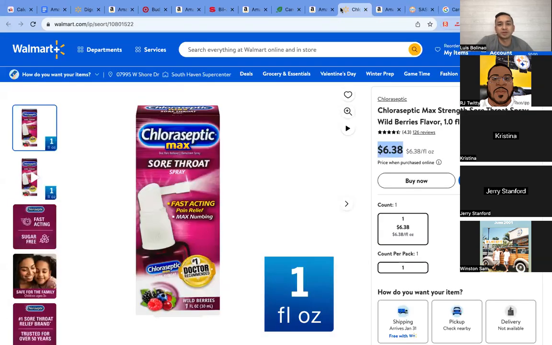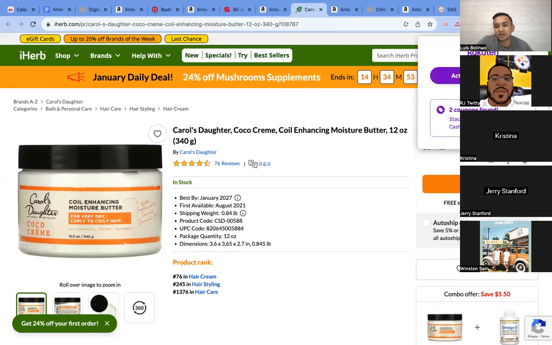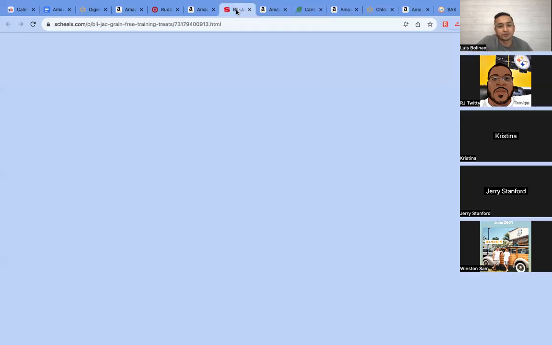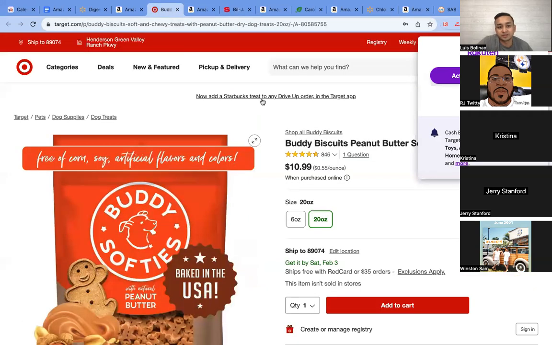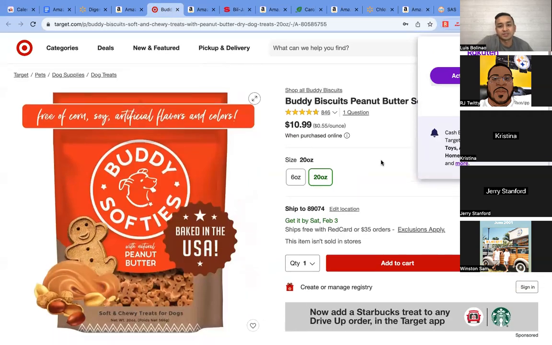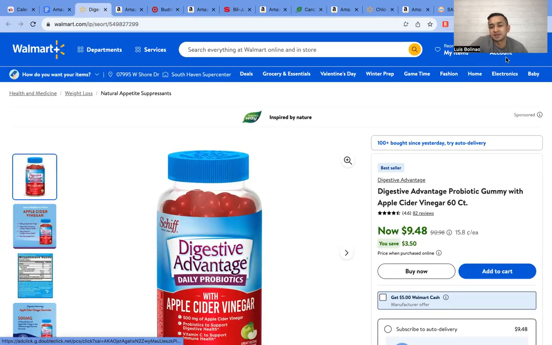So here's some examples, right? So medications, moisturizers, lotions, shampoos, dog food is very popular. Dog food, cat food, groceries are good too. Groceries, multivitamins, supplements.